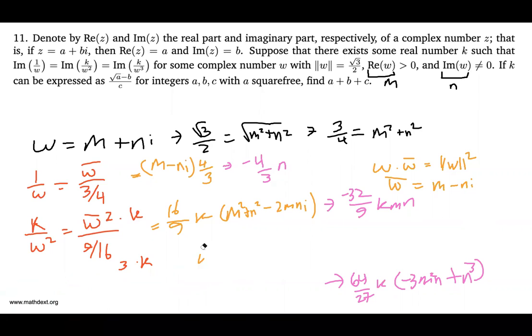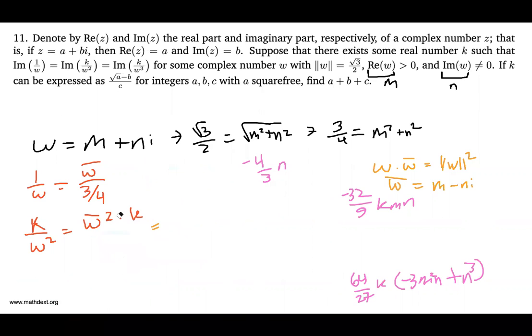Let me clear out some more space, and we're going to say that these three pink numbers are equal to each other. But what does that tell us? It tells us that these two are equal to each other.